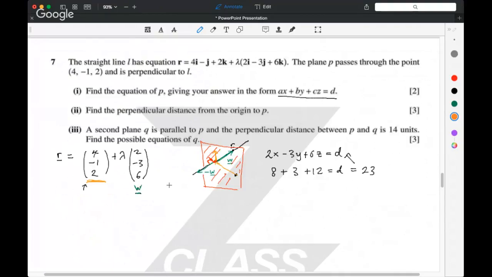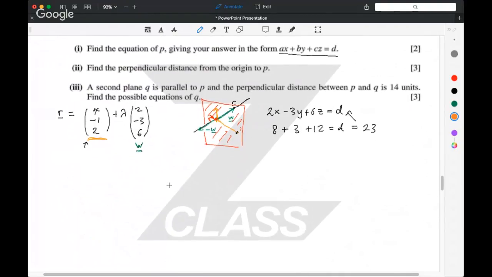Now I'm going to say that there is some other line, let's call it L, and this is a line that goes from the origin to the plane, and this L is some number multiple of W, because I know that W is perpendicular to the plane.